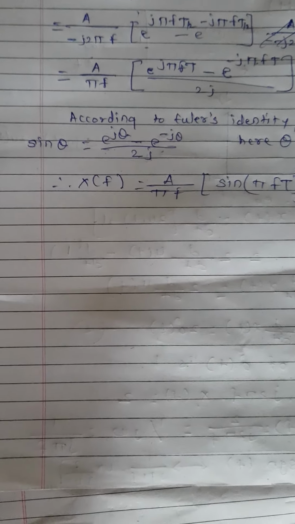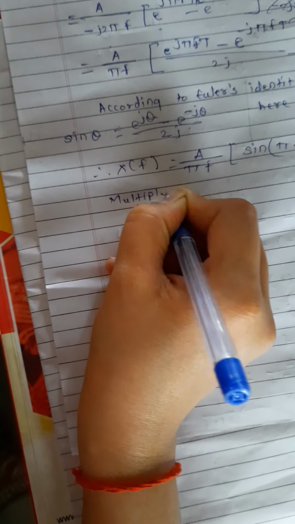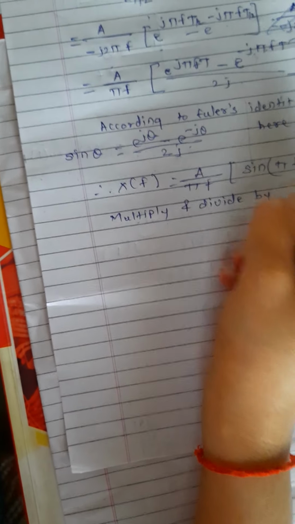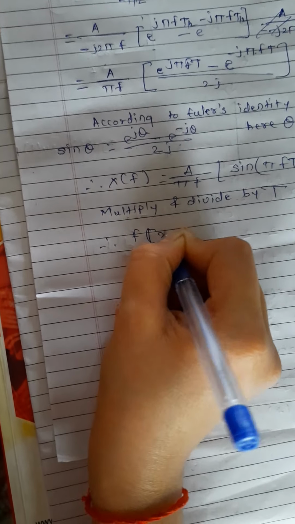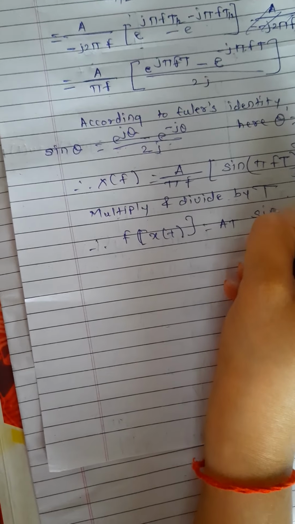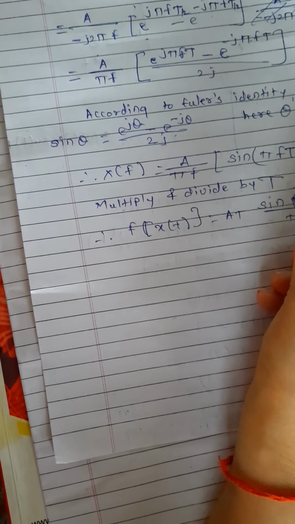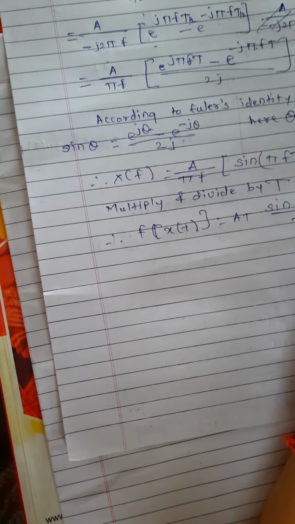Now we have to multiply and divide the above equation by T. So the equation becomes X of f is equal to A T sin pi f T divided by pi f T. This is equation 3.